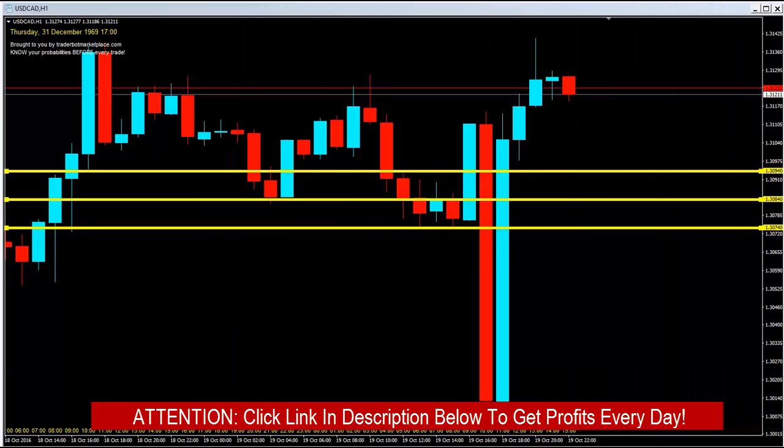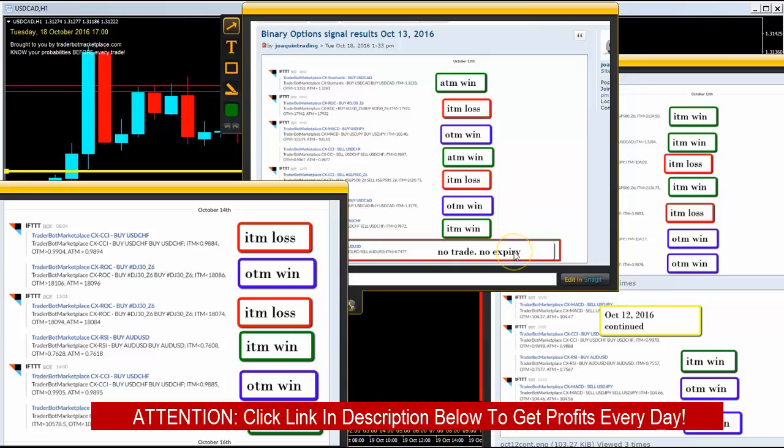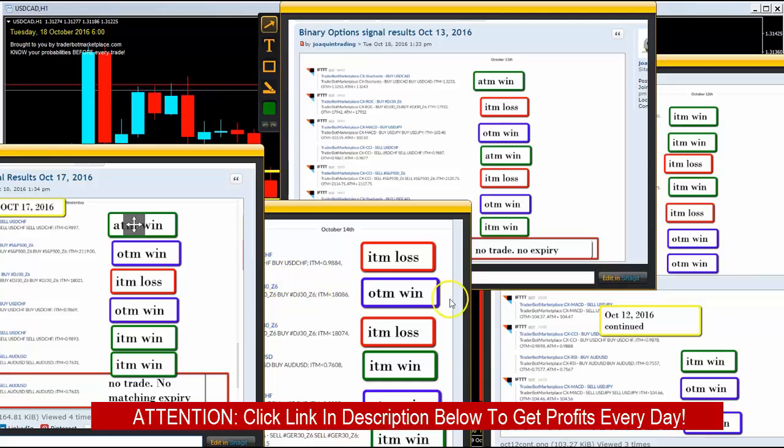We're going to look at the past 4 days and devise a strategy. I'm having a hard time fitting all these on the screen, but you can see right here all of the ITM and OTM and all the win-loss rates. So we're going to count them. We're just going to take a little picture and do a little basic arithmetic.